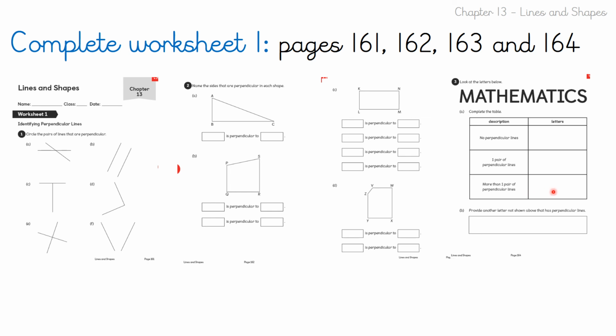Okay? Once you've done all of that by looking at all of these different letters, you need to provide another letter not shown above, so none of these letters, one letter that is not here, that also has perpendicular lines.